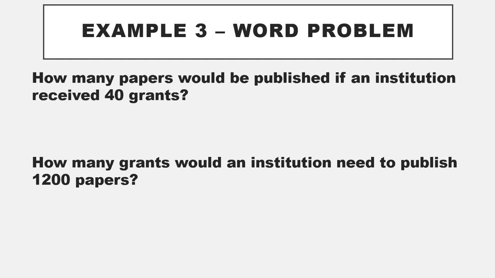And how many grants would we need if the institution needed to publish 1,200 papers? Go ahead and do those calculations on your own as well. So I'm gonna write this.